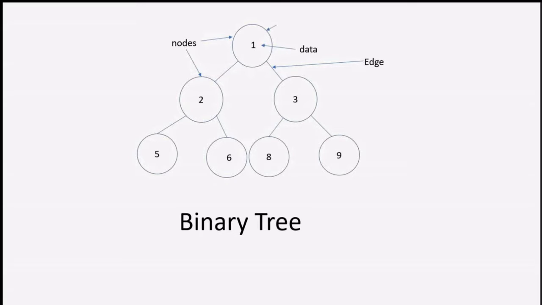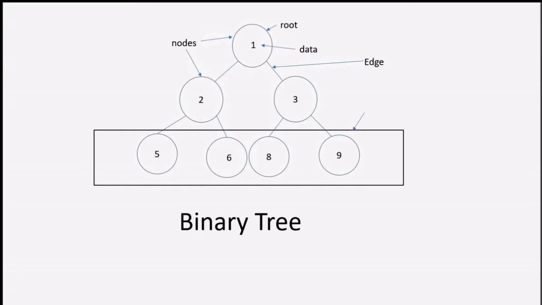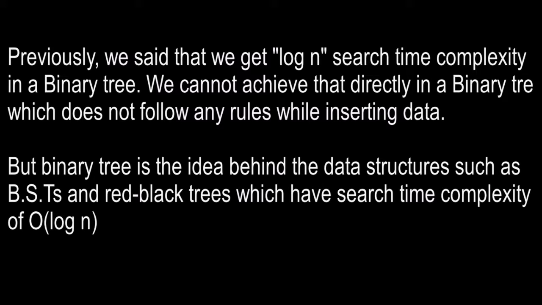In a binary tree or any tree, the node which is at the top of the tree is called the root node, and the nodes which do not have any children are called the leaf nodes. Binary trees are the idea behind data structures such as BS trees and red-black trees, for which the search time complexity is O of log n. But a binary tree which does not follow any logic while inserting the nodes cannot achieve this.